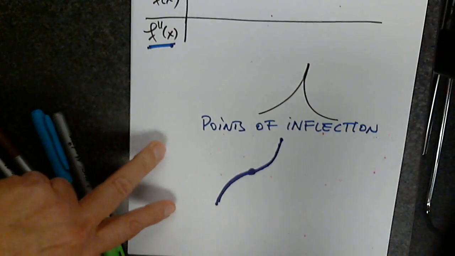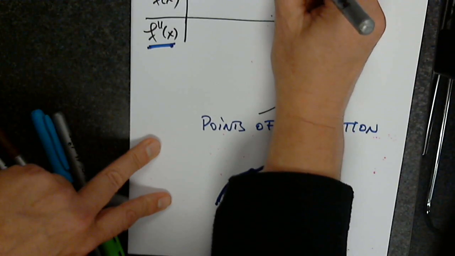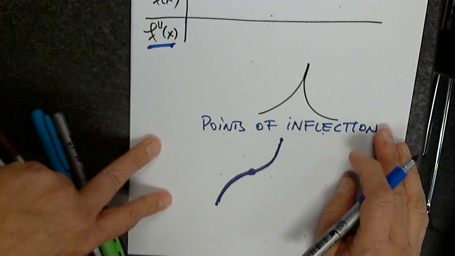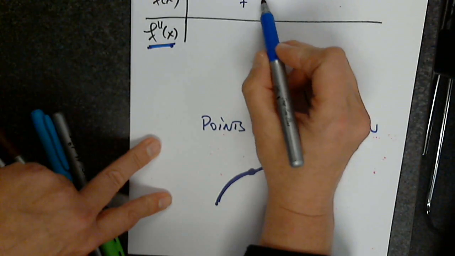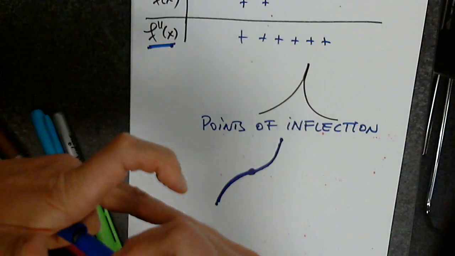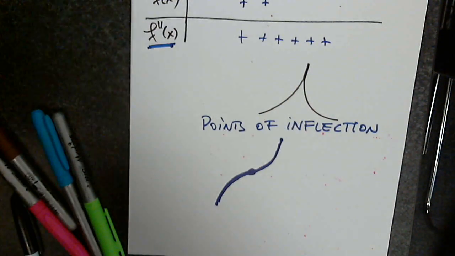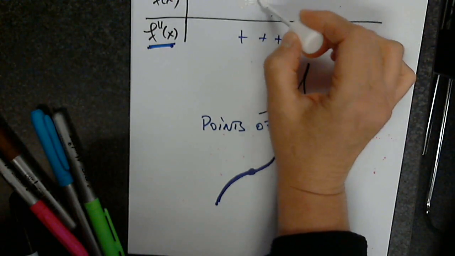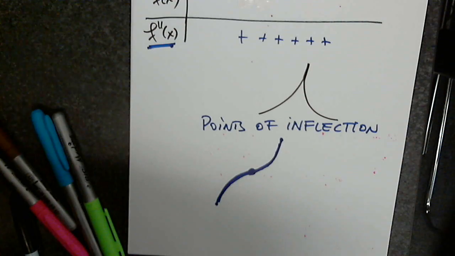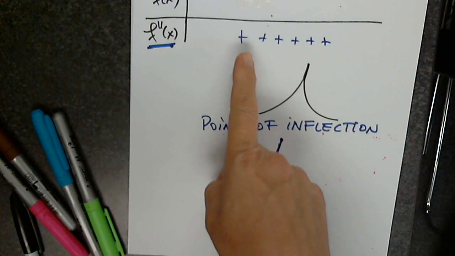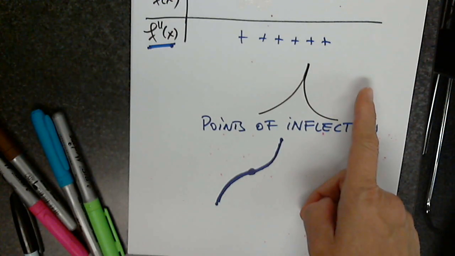Now, one thing before I stop. Let's say at x equals 1, I know the first derivative is 0, and I know that the second derivative is positive. Let's just analyze this situation. I know that the first derivative is 0 at a particular point, and I know that the second derivative is positive.